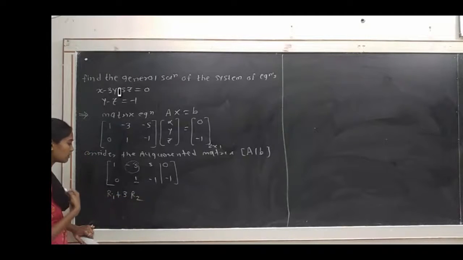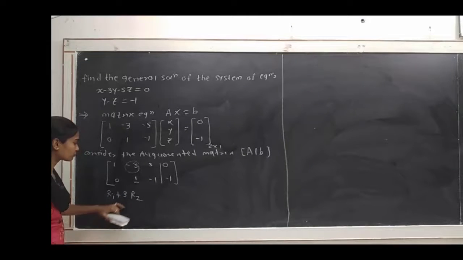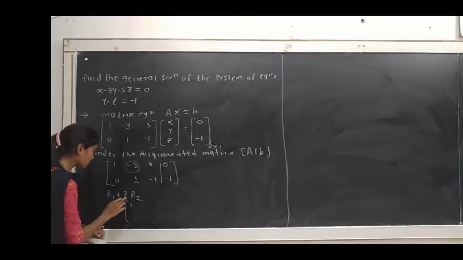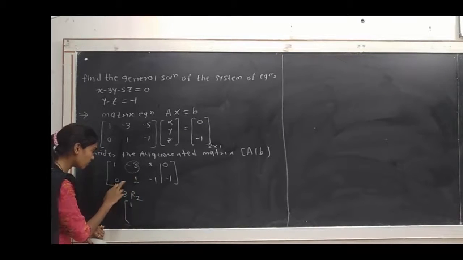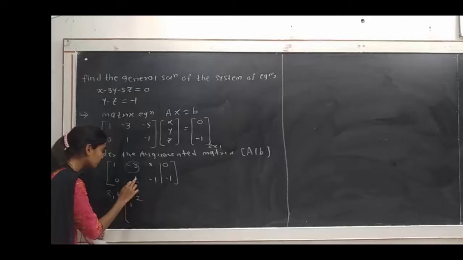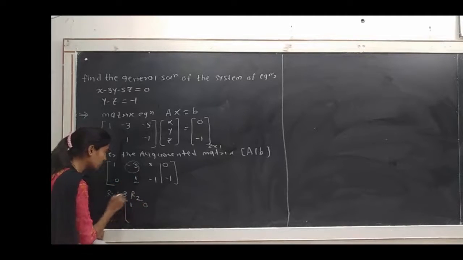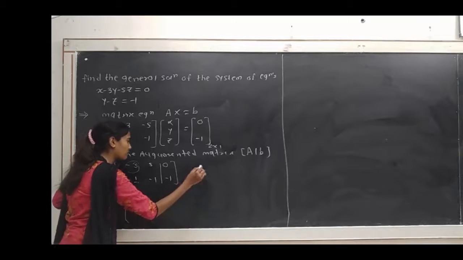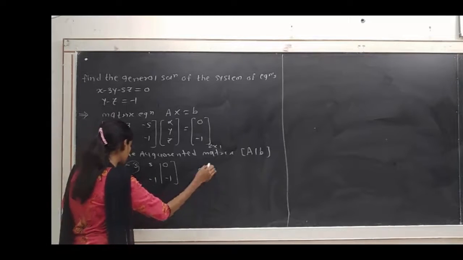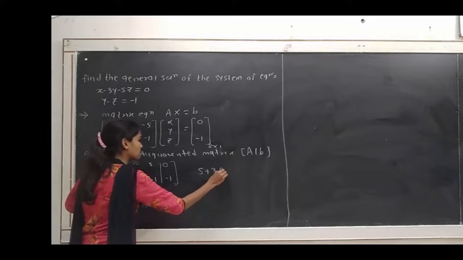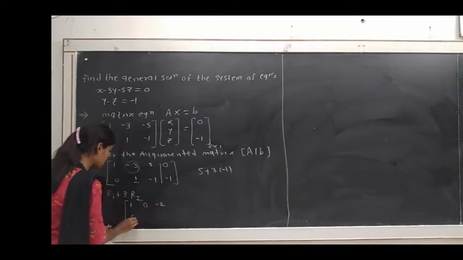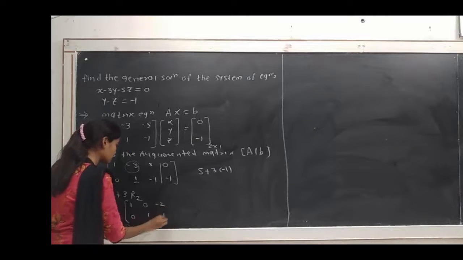Then the matrix will be: 1 plus 3 into 0 is 1; minus 3 plus 3 into 1 gives 0; then 5 plus 3 into minus 1, that is 5 minus 3, gives 2. And the second row is 0 1 minus 1.